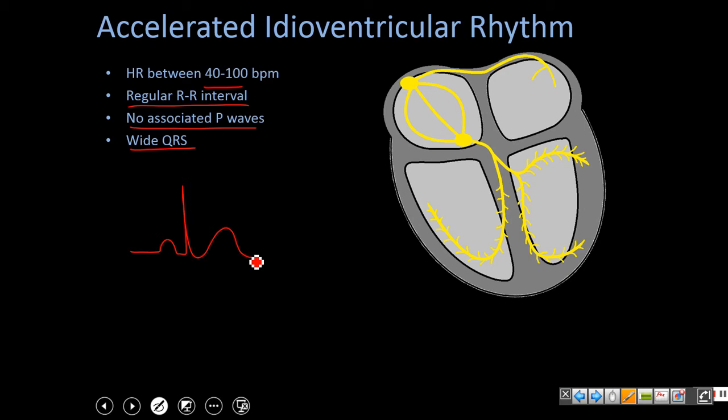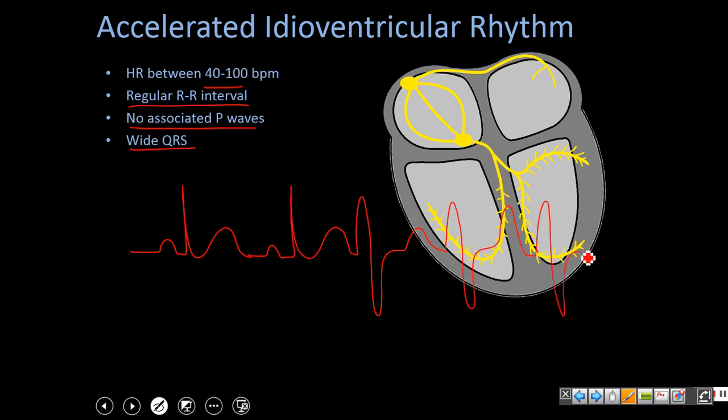If your patient's heart rate is normally 60 beats per minute, then you might see it actually interrupt their normal sinus rhythm, and then go back to normal sinus again. So just like IVR, but it's just a faster rhythm.